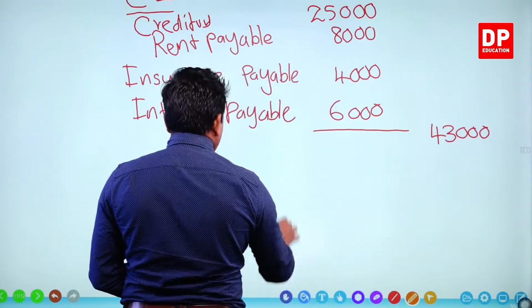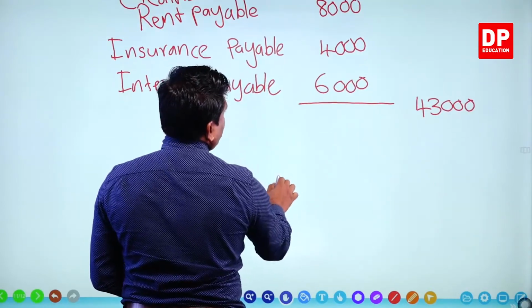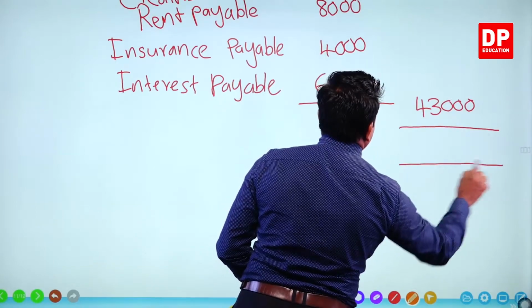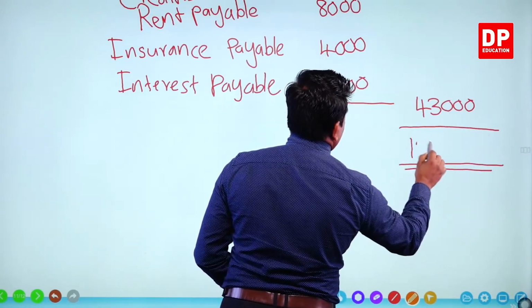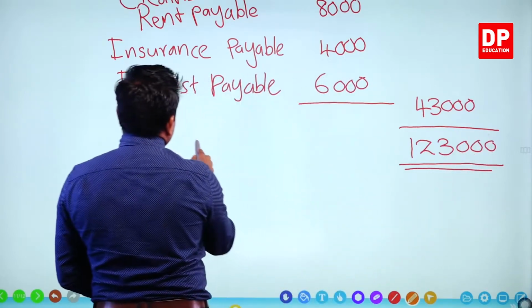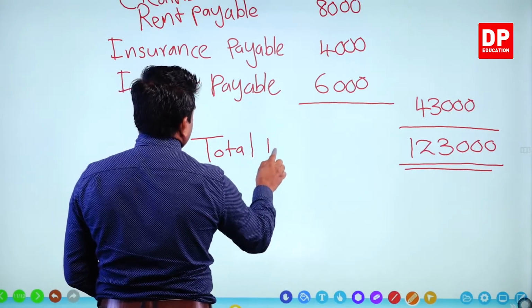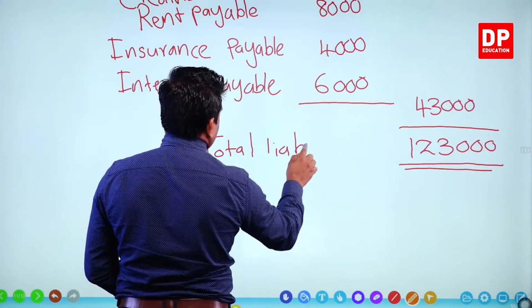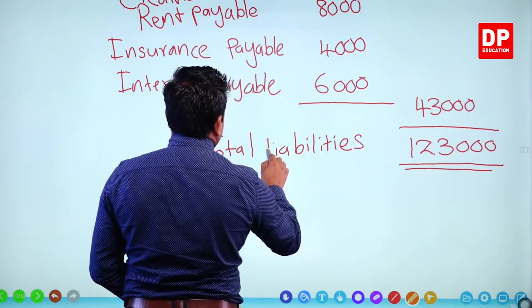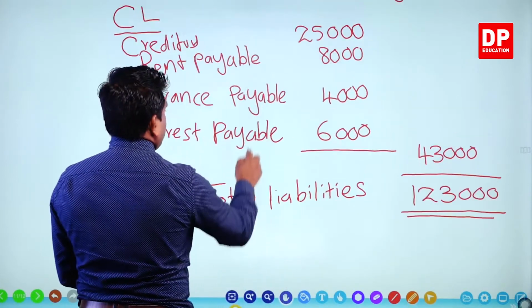You can see above, non-current liability total 80,000. 80,000 plus 43,000 is total liabilities. 123,000 total liabilities, right?